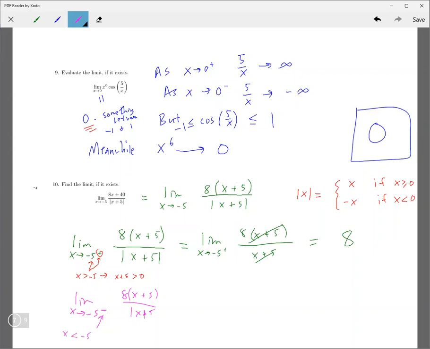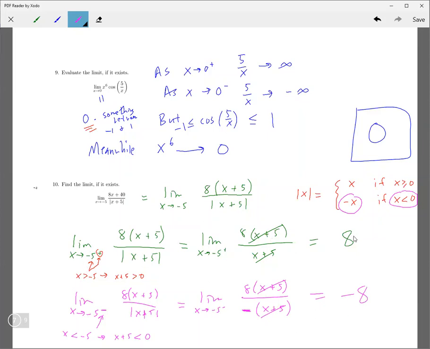So you're coming through values that are less than -5. And that means that x plus 5 is less than 0, which means you're going to go with this option right here for the denominator, and you're going to have the negative of x plus 5 in the denominator. So those reduce, but you get a negative 8.